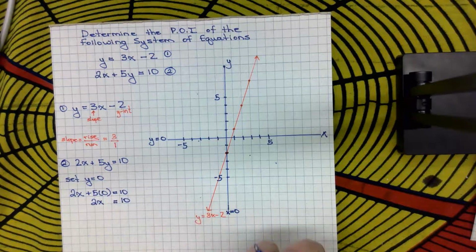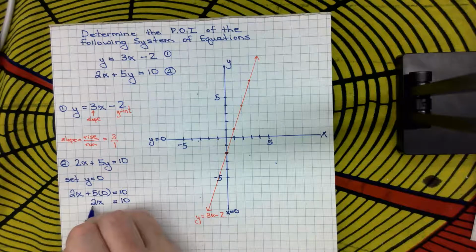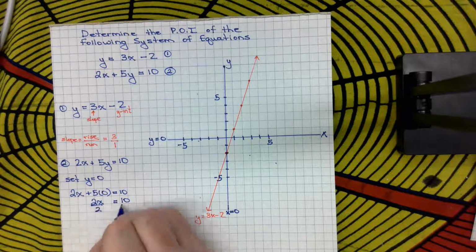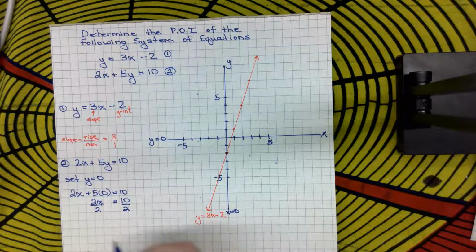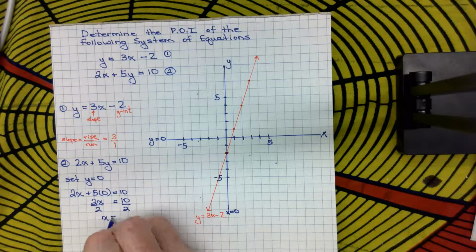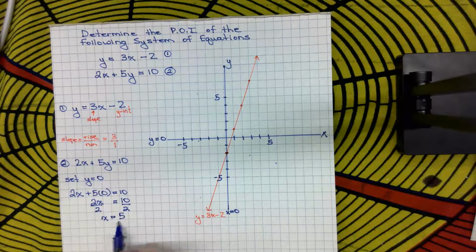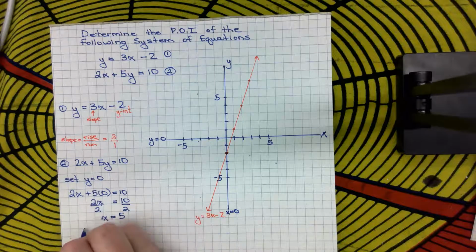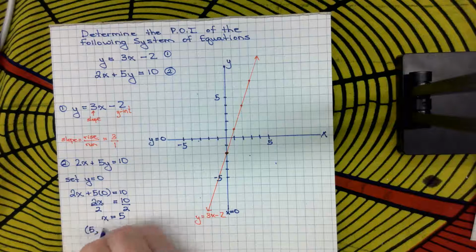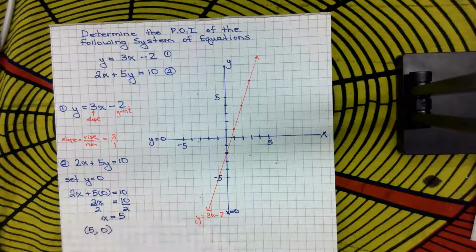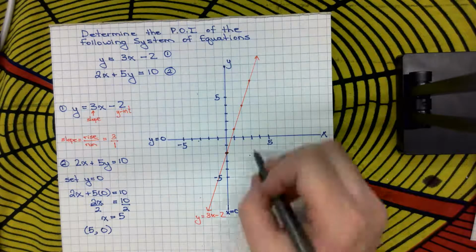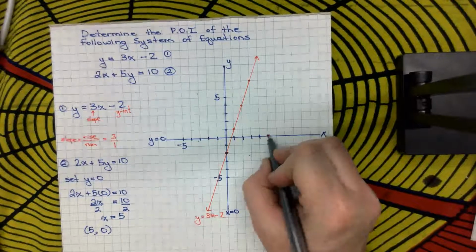So 2x equals 10, and then I divide both sides by 2 and end up with x equals 5. So the coordinates are x is 5 and y is 0. When I go to plot that point, my x is 5 and my y is 0.